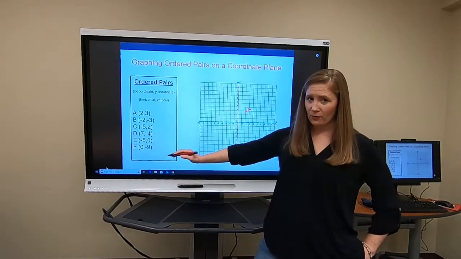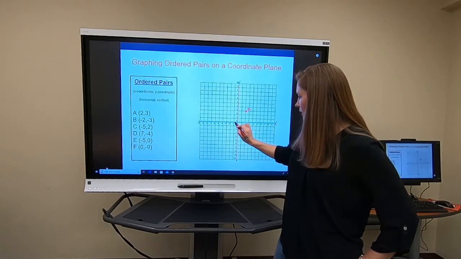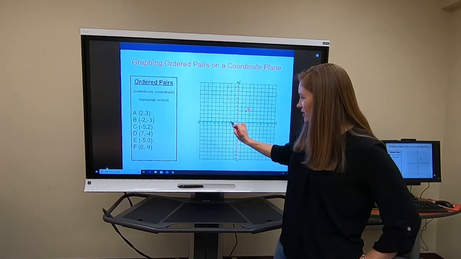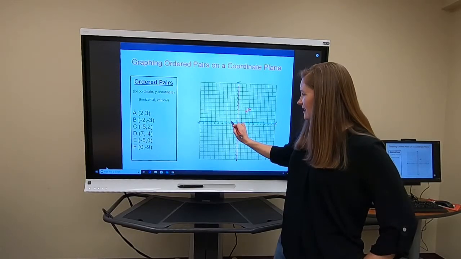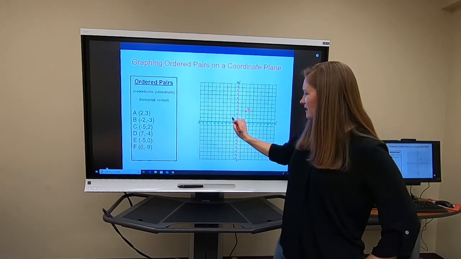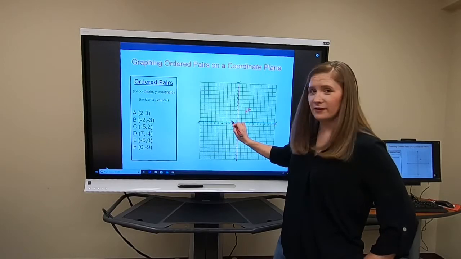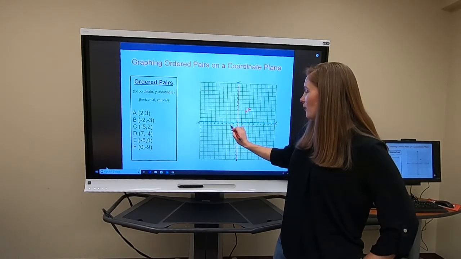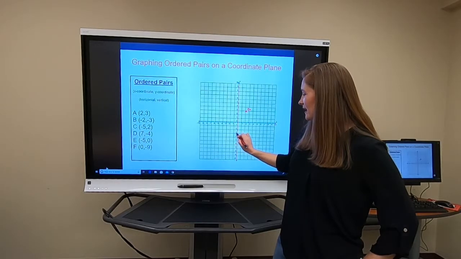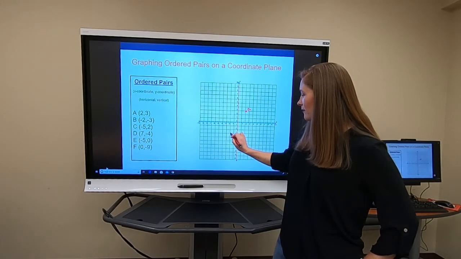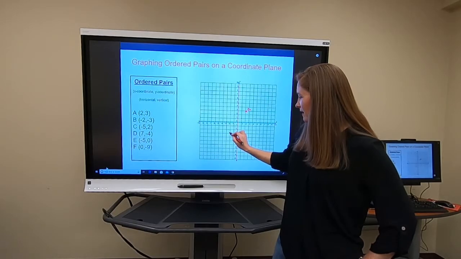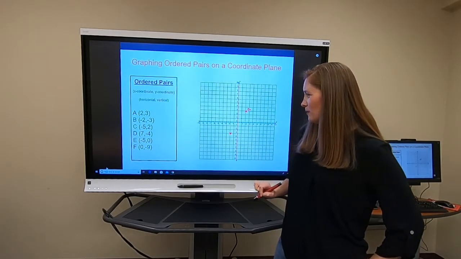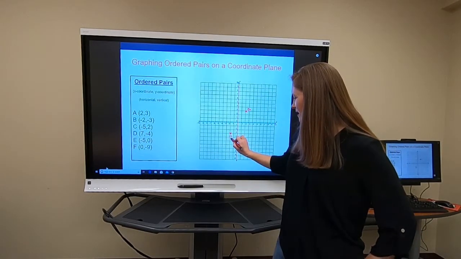So I go backwards, -2. Then it says -3. Well, that means that I don't go up because that's +3. I go, what do you think? I go down. I go 1, 2, 3, and that's -3. And right here is my point, which is point B.